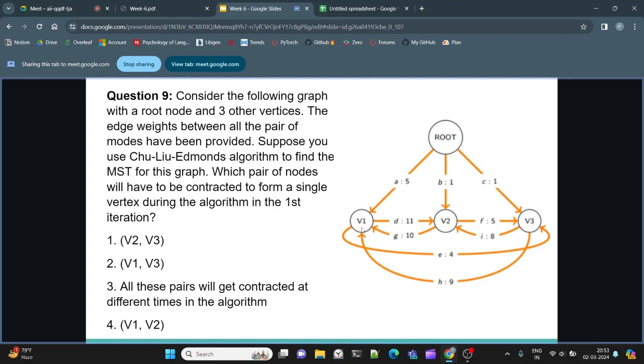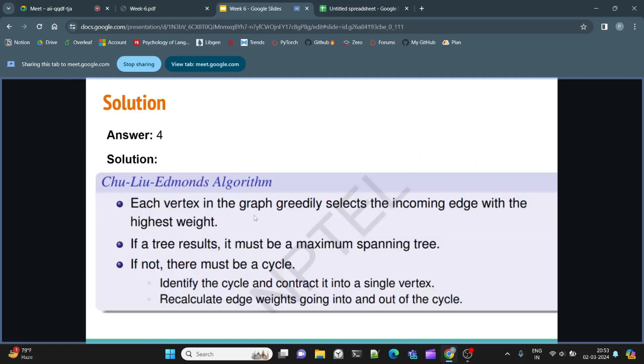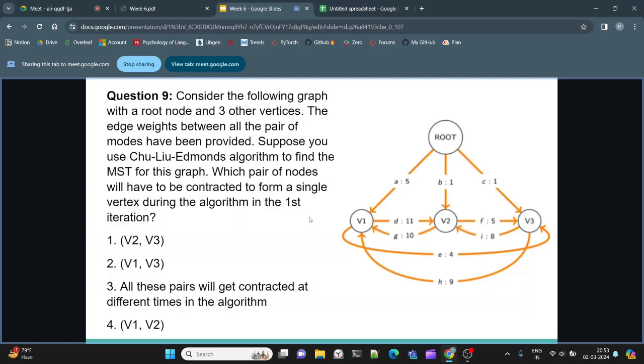So, ma'am, in this we have to look at the incoming edge on a particular vertex, for each vertex. So for each vertex in the graph, here the vertices are V1, V2, V3, which have incoming edges. Root only has outgoing edges, right? There are no incoming edges.